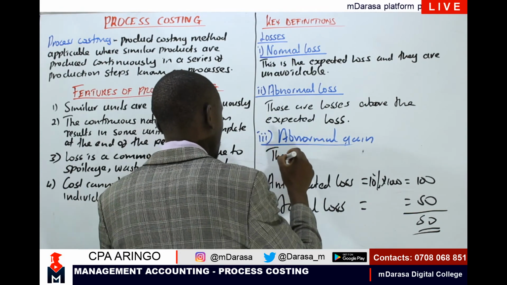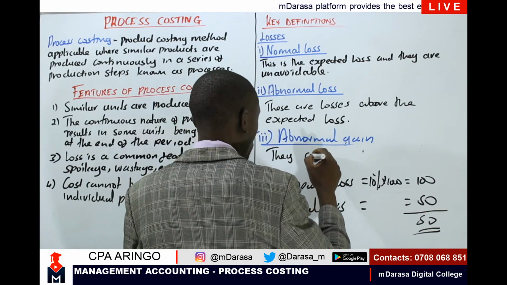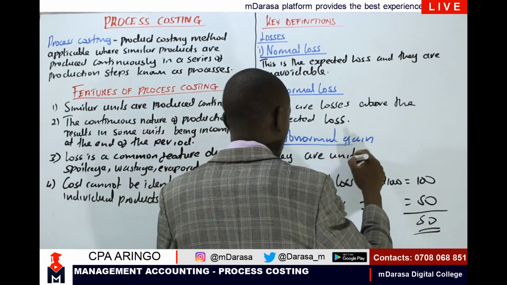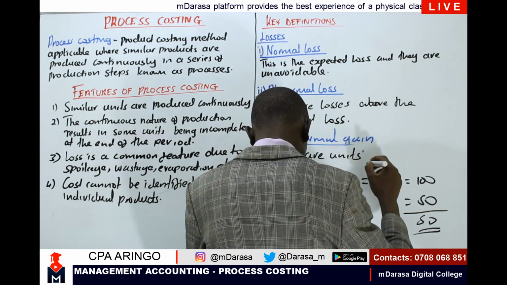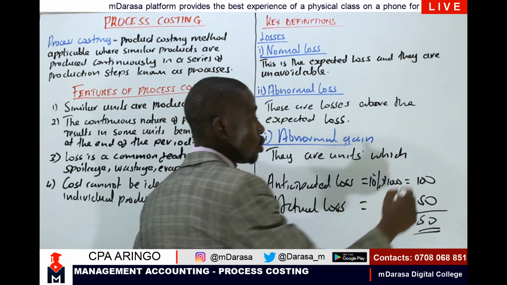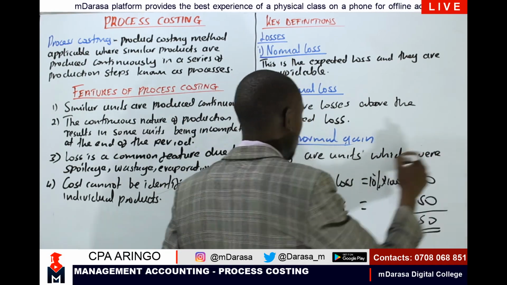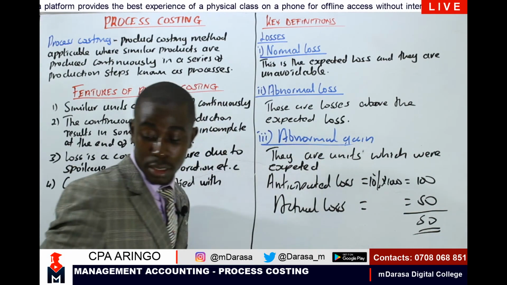So we are saying they are units which were expected to be lost.